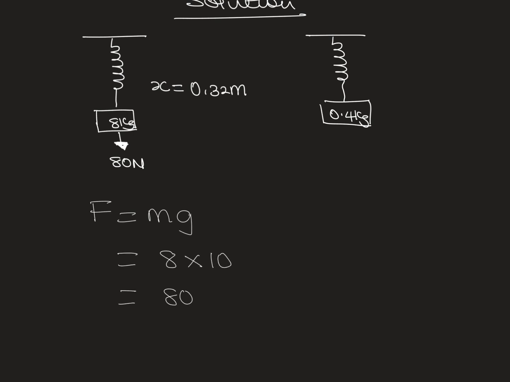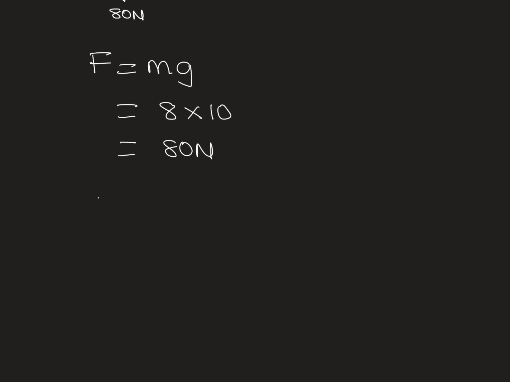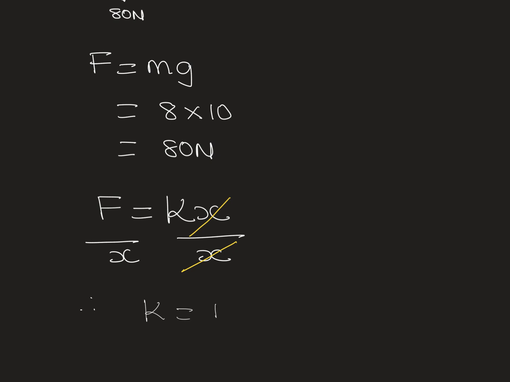That is 80 newtons. Now, using F is equal to kx, where x is the extension, if I want to find k, I will divide both sides by x. So therefore, k is equal to F over x.